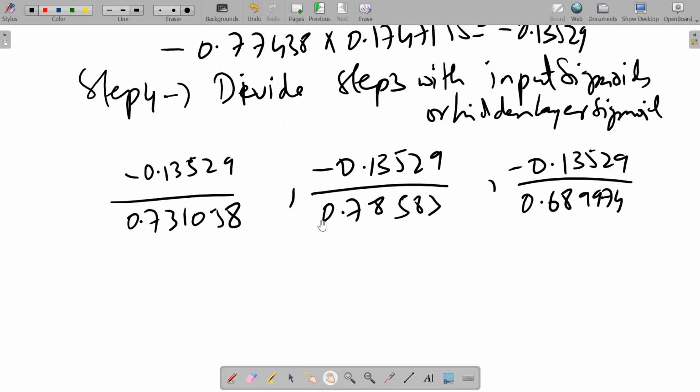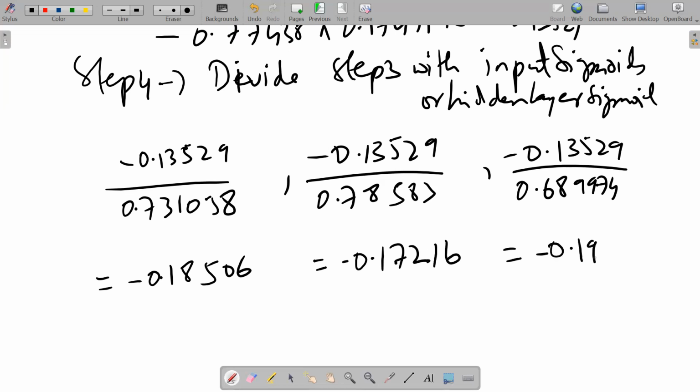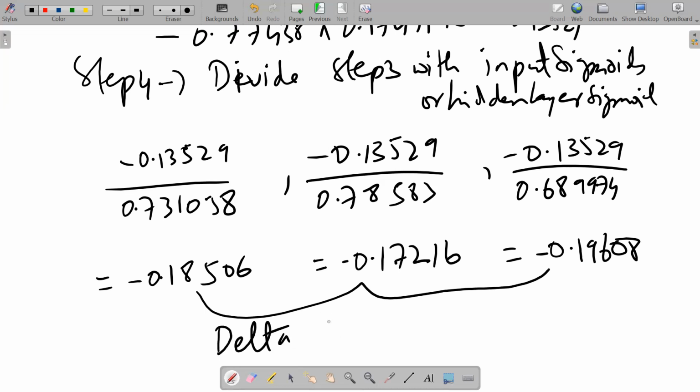That means you will get these three new values, which is minus 0.18506, minus 0.17216, minus 0.1960. These three, we call them delta output.